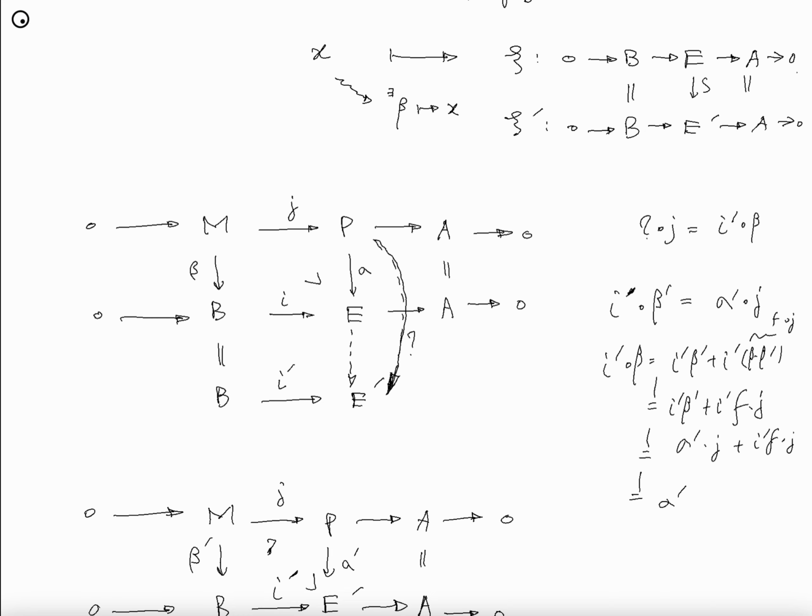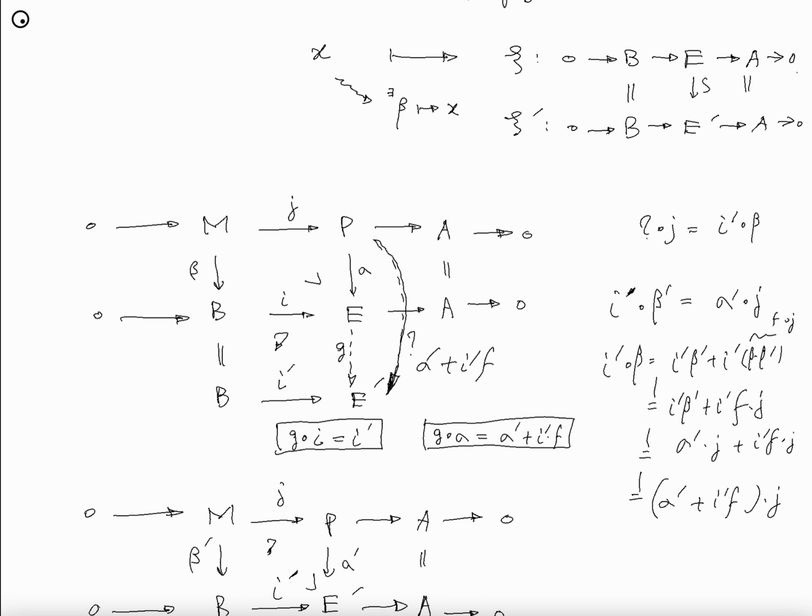So this is finally telling you sigma prime plus I prime F of J. So what we put here is just sigma prime plus I prime F. Making this diagram commute, let me call this G. And so this G satisfies making the diagram commute, in particular J I equals I prime. And then we have this commutative diagram, J sigma equals sigma prime plus I prime F. So we constructed this map.